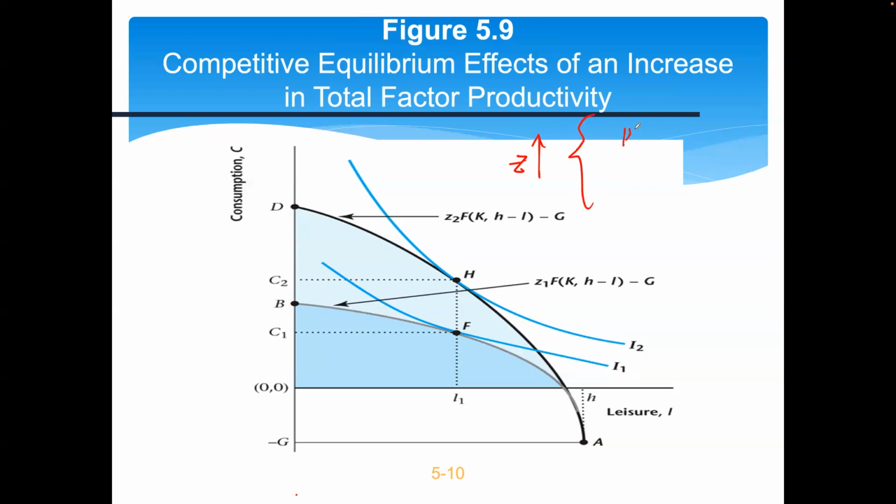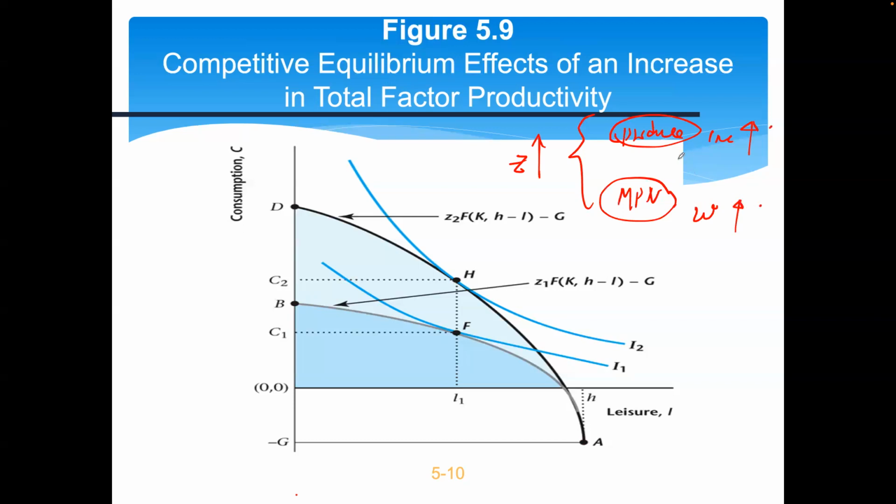One, you're going to produce more. Secondly, the MPN is going to increase. But now think further. What does produce more mean? Essentially, your income is going to increase. What does MPN increase mean? That just means your wage is going to increase.